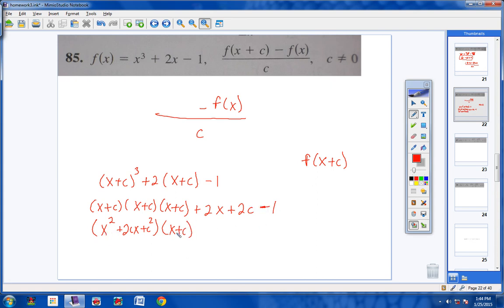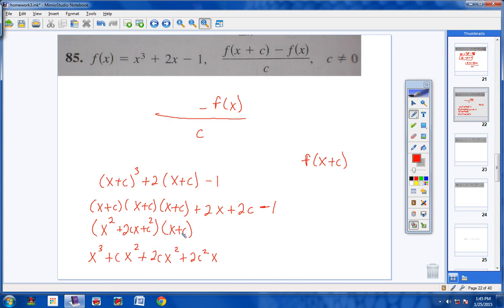So real quick, let's do this. X squared times x is x cubed. X squared times c would be cx squared. 2cx times x would be 2cx squared. Let's go back real quick. Okay, let's see, where were we? 2cx times c would be 2c squared x.